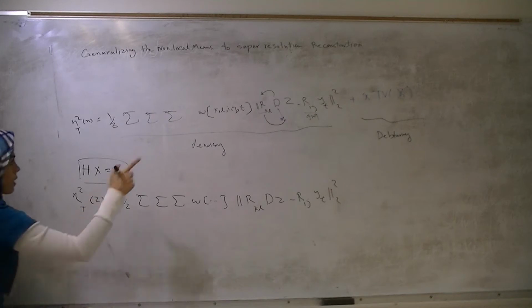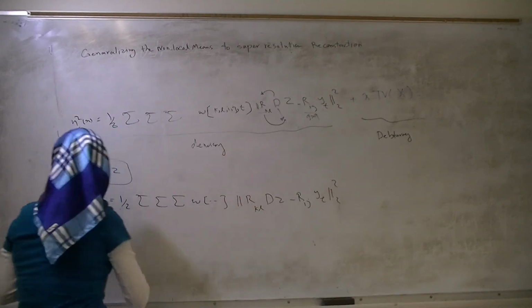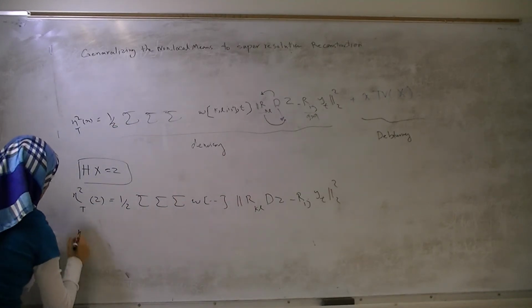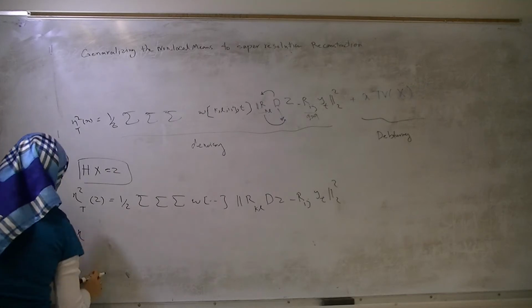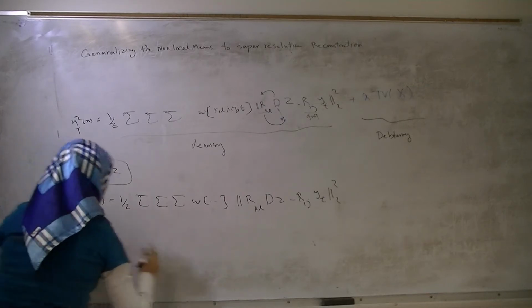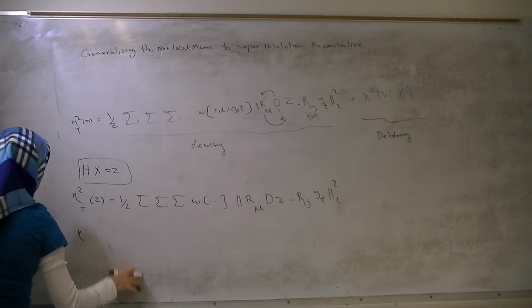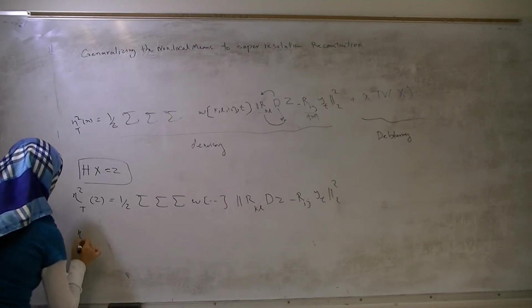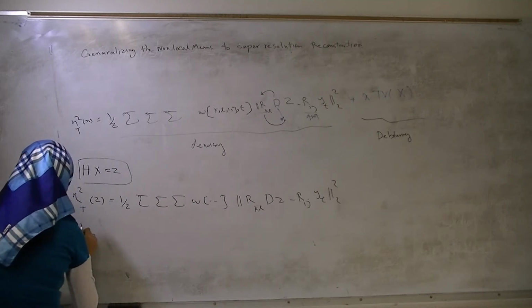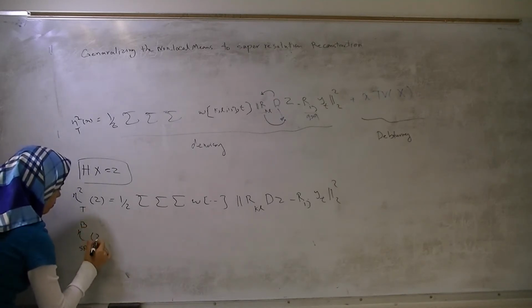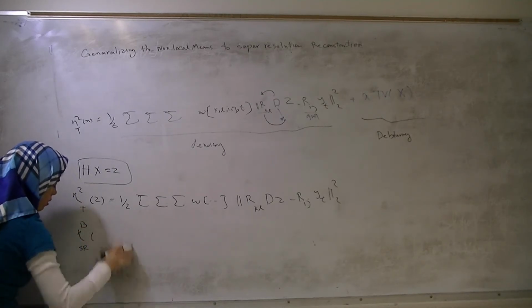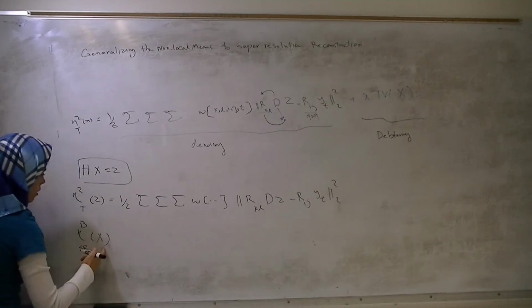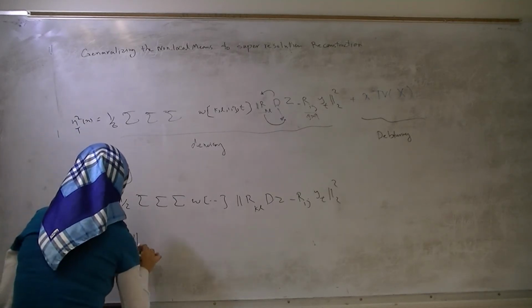And for finding the x from the z, just put this one for the blurring part. I want to find the x from the z.